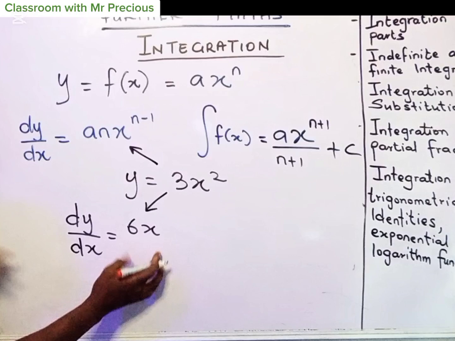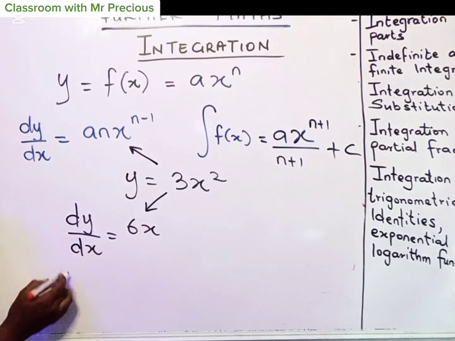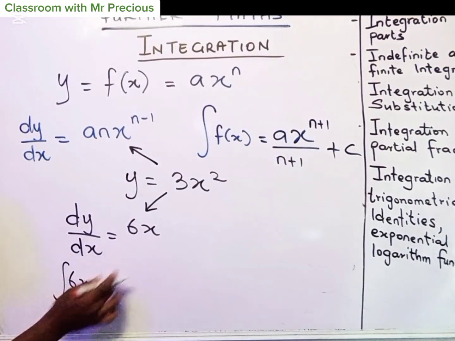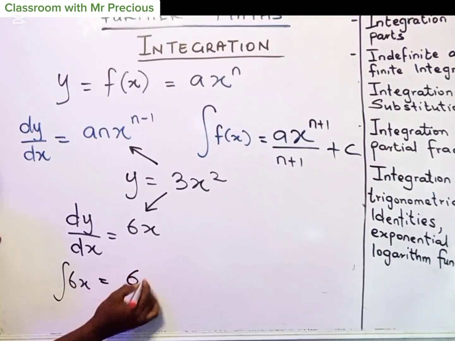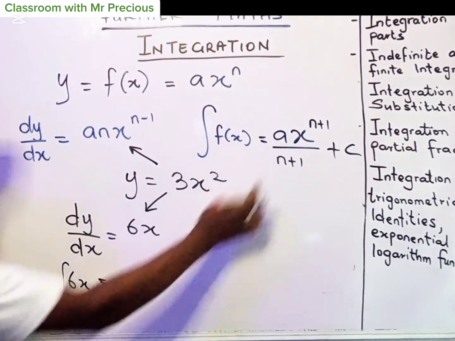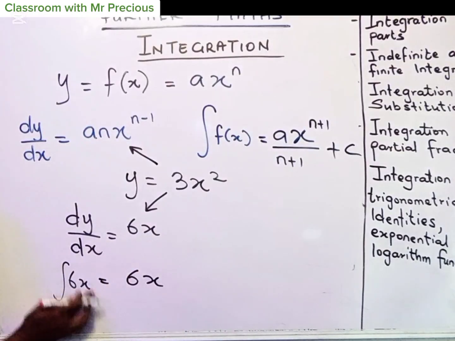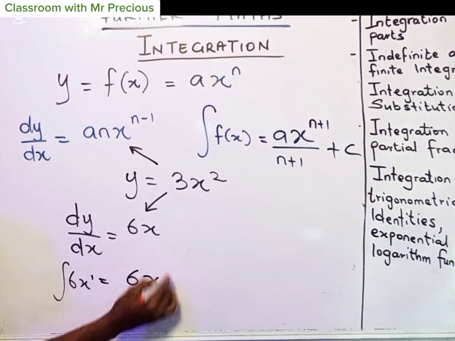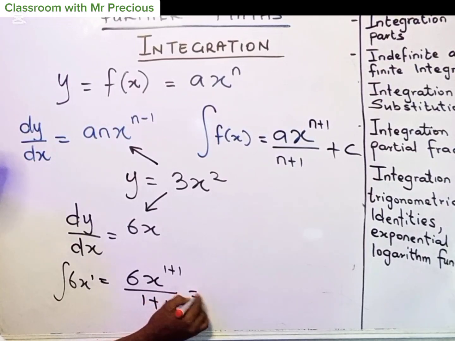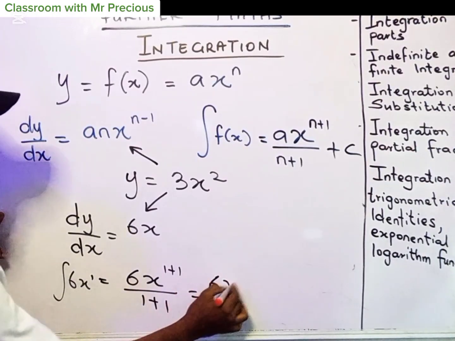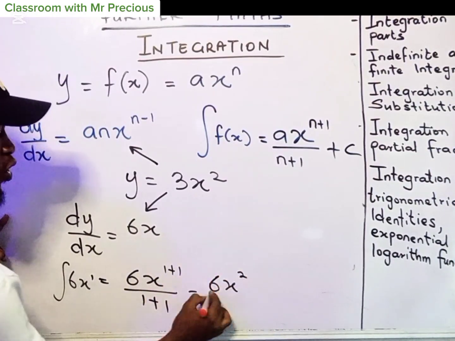Then if you integrate this differential, if you integrate this 6x, you are supposed to have 3x squared back. How? This 6, you write it back, you write your x back, just like I told you. Then what is the power here? The power here is 1. When you do 1 plus 1, you have 2, all over 2.